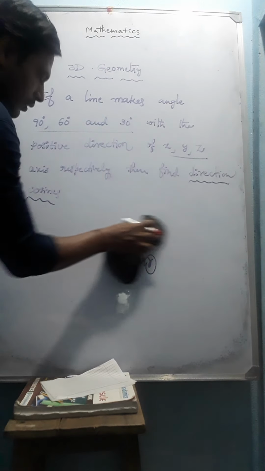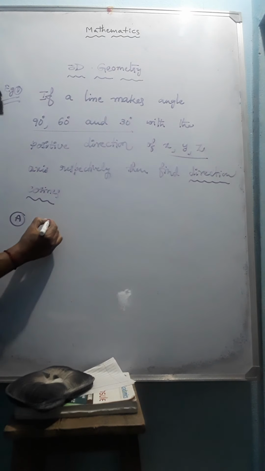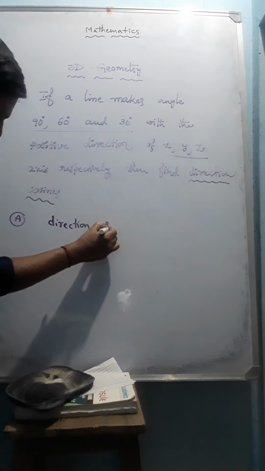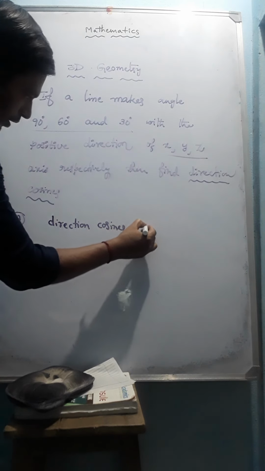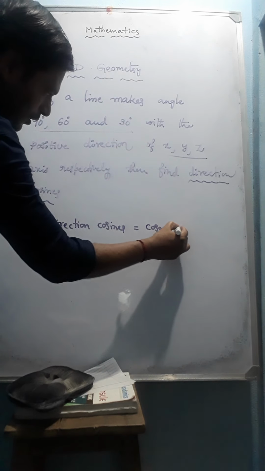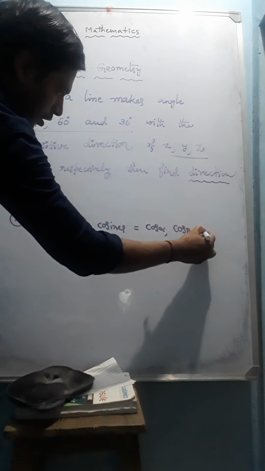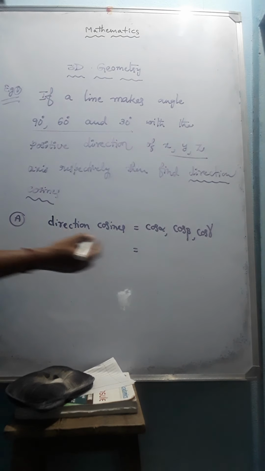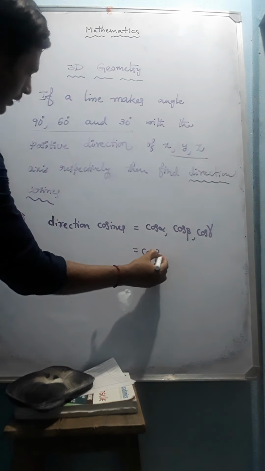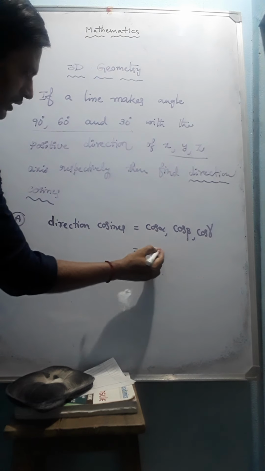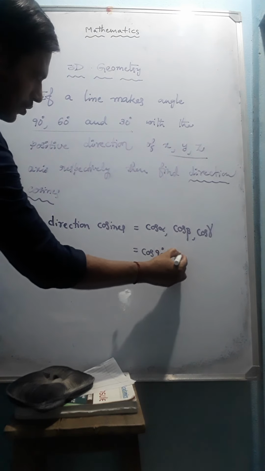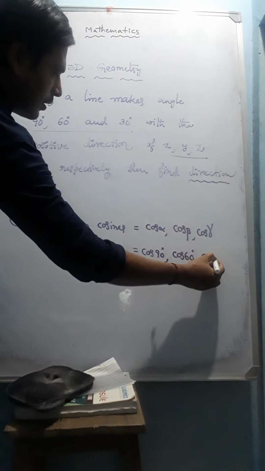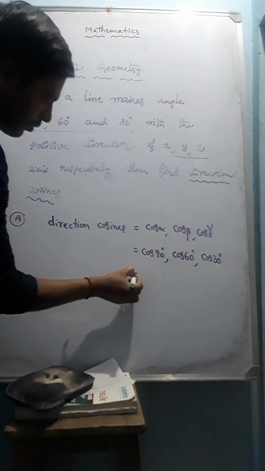Therefore, direction cosines is equal to cos alpha, cos beta, cos gamma. That is equal to cos 90, cos 60, cos 30, since alpha value given is 90, beta value is 60, gamma value is 30.